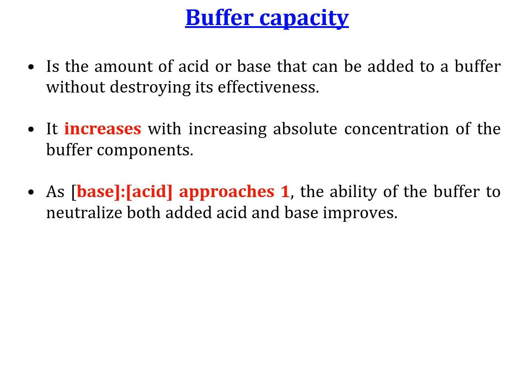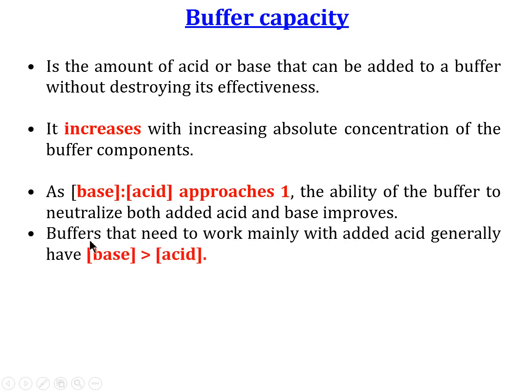As the ratio of the concentration of base to acid approaches 1, the ability of the buffer to neutralize both added acid and base improves. A buffer that needs to work mainly with added acid generally has a base concentration greater than the acid concentration.